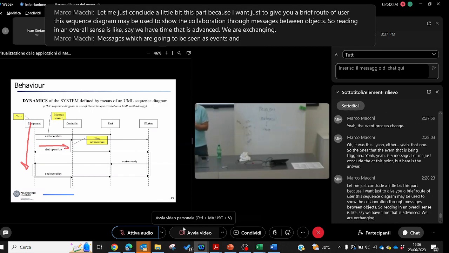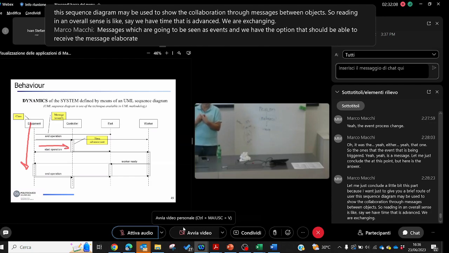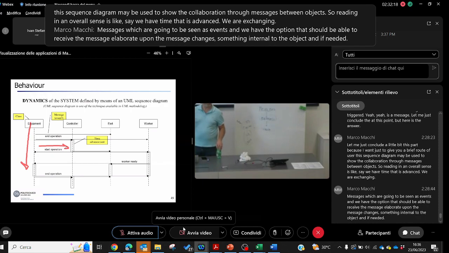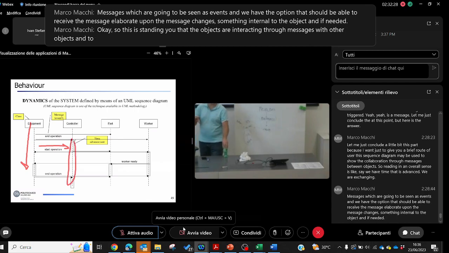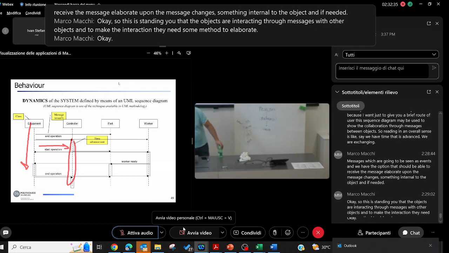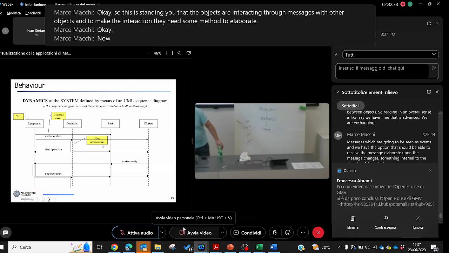The object should be able to receive the message, elaborate upon it, change something internal to the object, and if needed, give feedback, but not necessarily. So the objects are interacting through messages with other objects, and to make the interaction, they need some method to elaborate it. Now, let's see the broad sense of this.